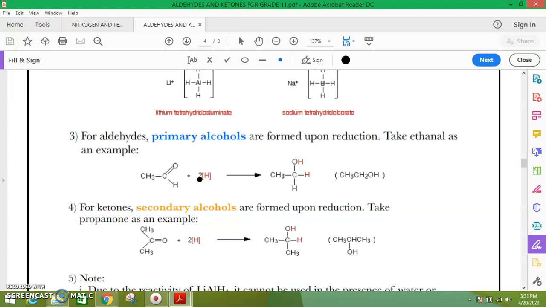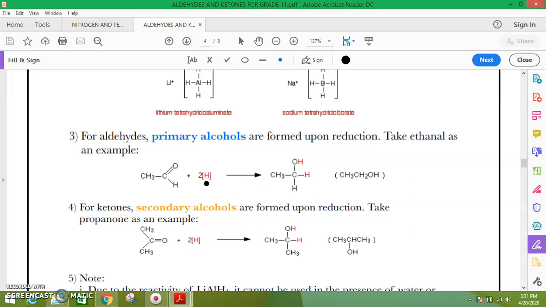So how many hydrogen do we have? We have 2 hydrogen. We add 1 to oxygen and we finish this pi bond, and another hydrogen we add here. So in CH3CH, this part remains the same, but the reaction takes place on the carbonyl carbon and oxygen. We remove this pi bond and add hydrogen, and another hydrogen here to complete the valency of carbon.